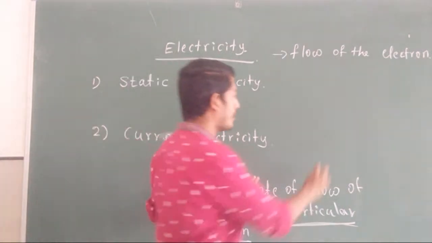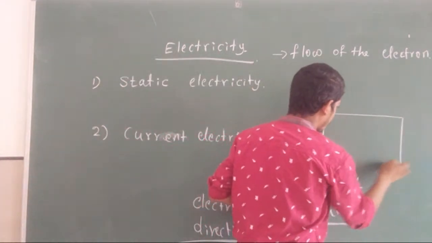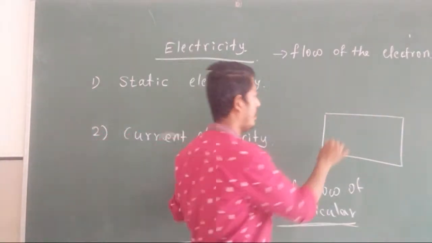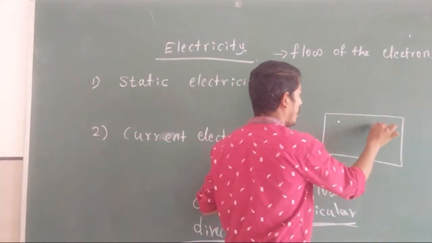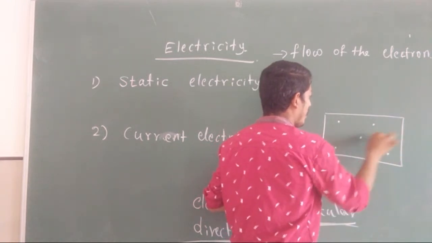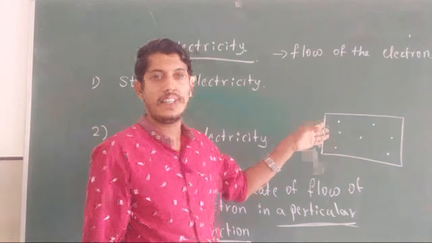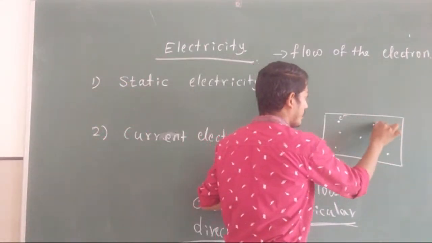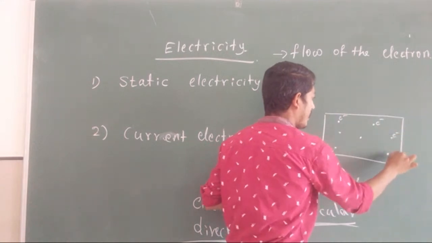For example, if we consider a box, or a conductor, then the electrons, I will represent them with dots. So these are electrons, and I will name this as E minus.